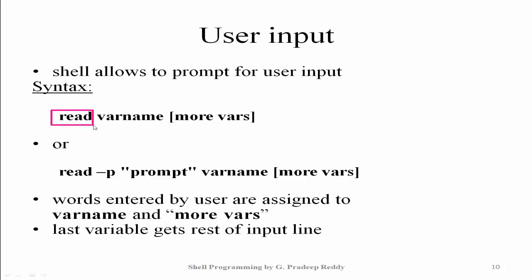For example, here you are going to read a particular variable, so you specify the variable name. Otherwise, you can specify more variables, variable 1, variable 2, variable 3 and so on. Integer is a variable, float is a variable, double is a variable. Similarly, string is also a variable.